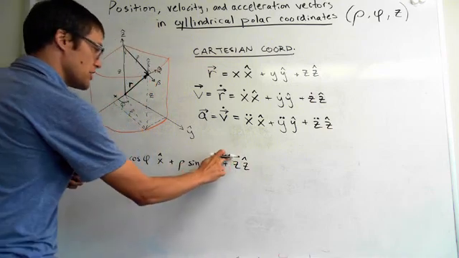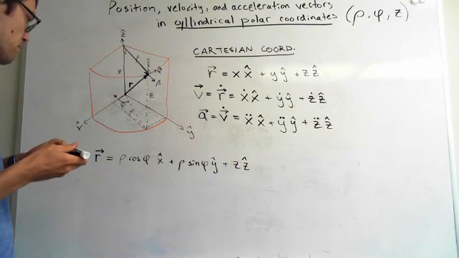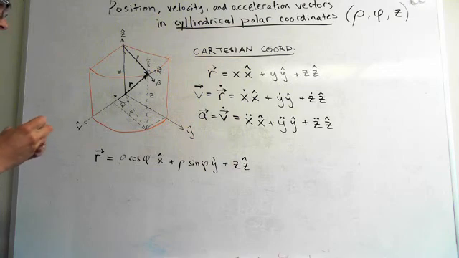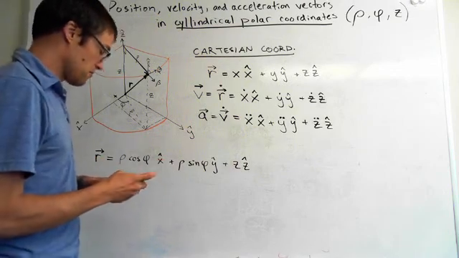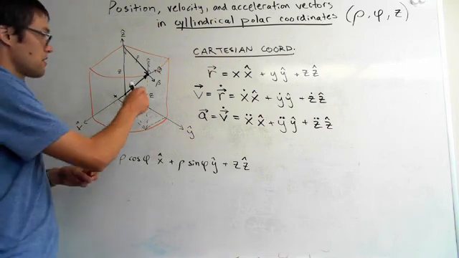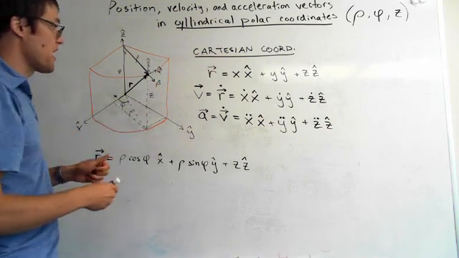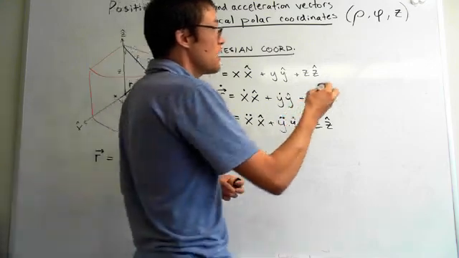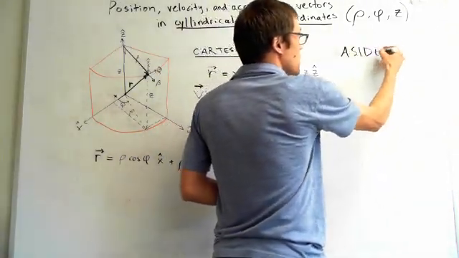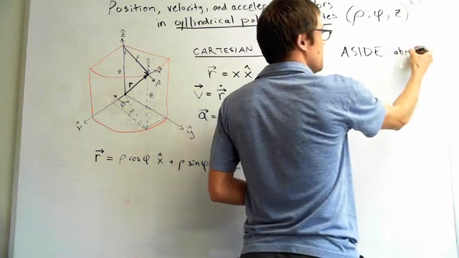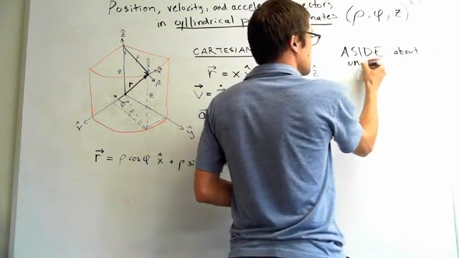That's not changing. Okay, so the next step here is going to depend on figuring out the relationship between x hat, y hat, and rho hat and phi hat. So first, let's just make an aside here. This is an aside about unit vectors.